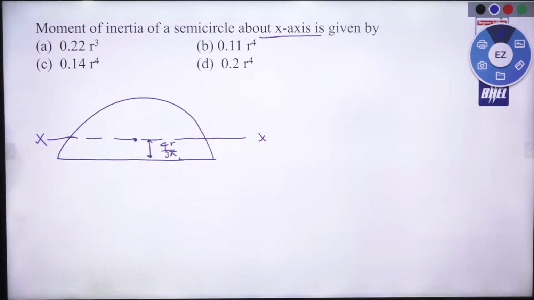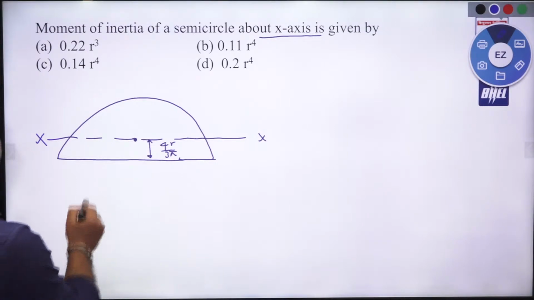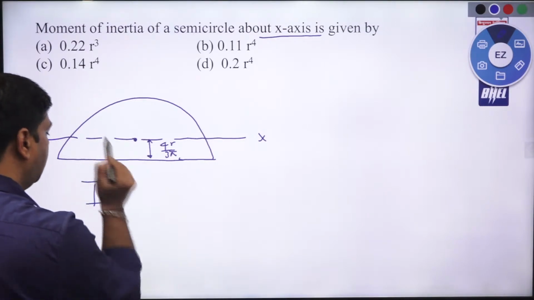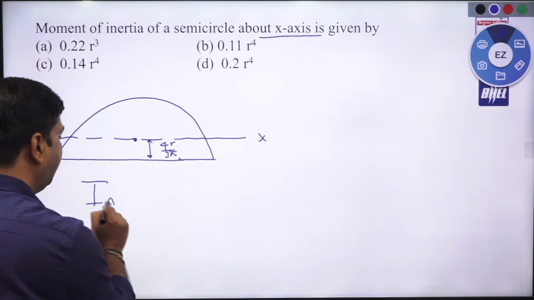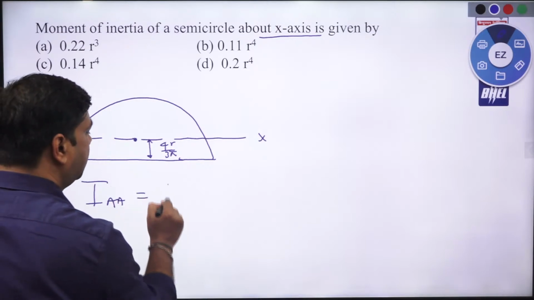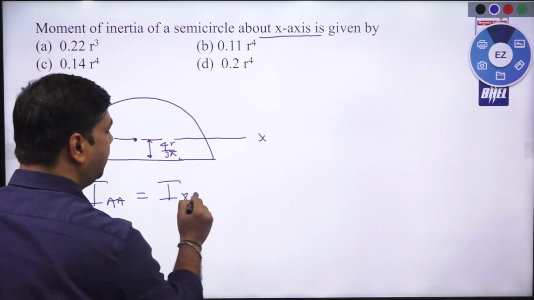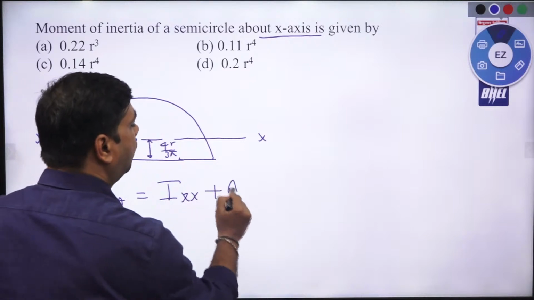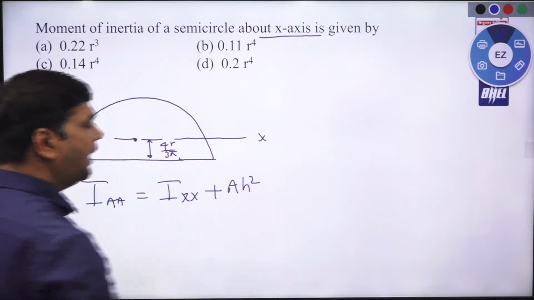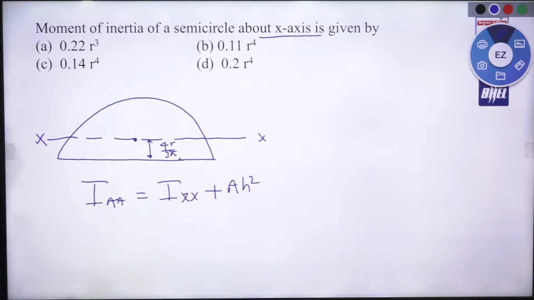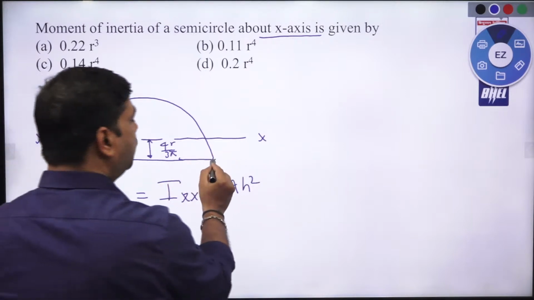As I know about the parallel axis theorem, it says that if you want to find the moment of inertia about any axis A, it equals the moment of inertia about the centroidal axis plus Ah², where h is the distance between both axes.